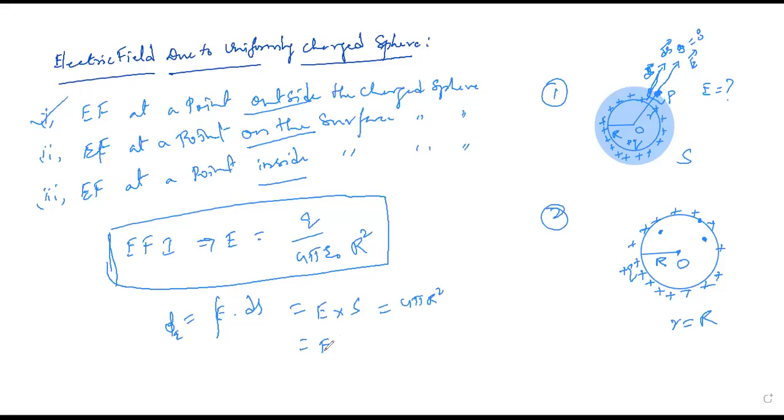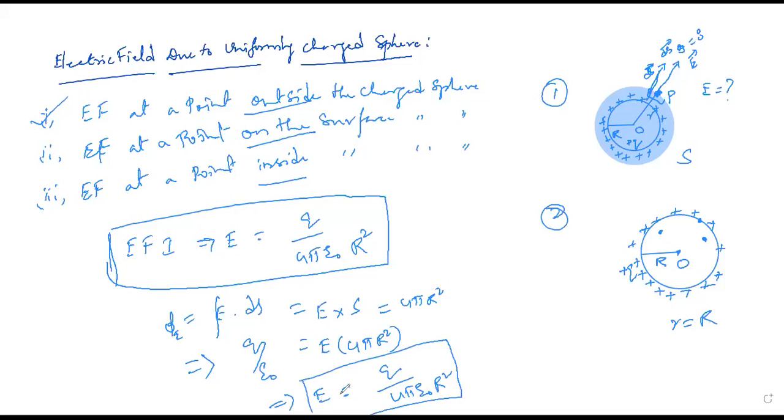So we can write this as E into 4 pi capital R squared. And from Gauss law, closed integral E dot ds should be equal to Q by epsilon naught, correct? So directly we can write E is equal to Q by 4 pi epsilon naught R squared. That's why I didn't work it out, I directly wrote it. So this is the expression when the point lies on the surface of the sphere.